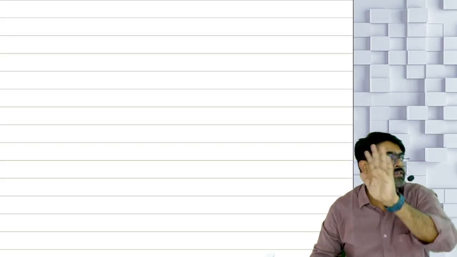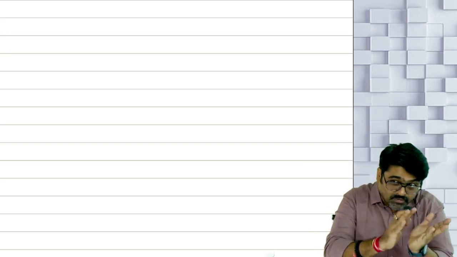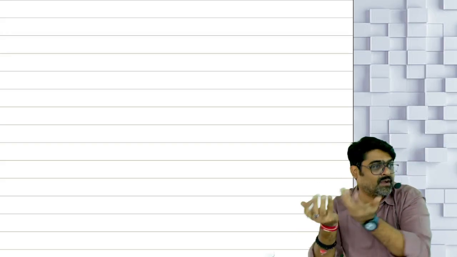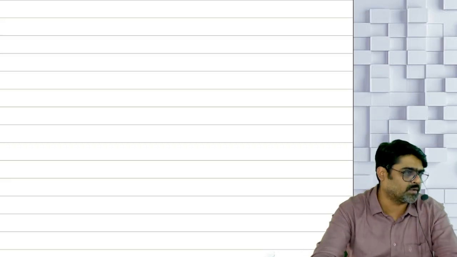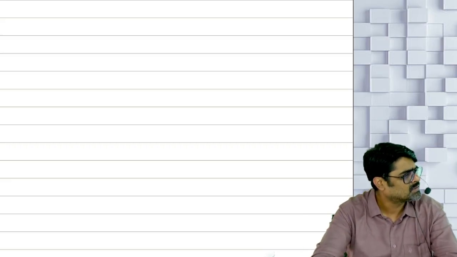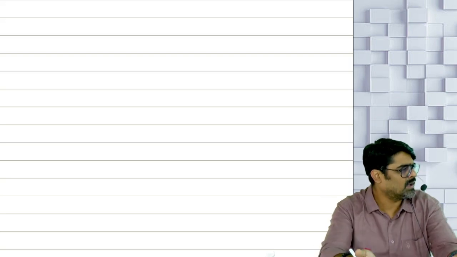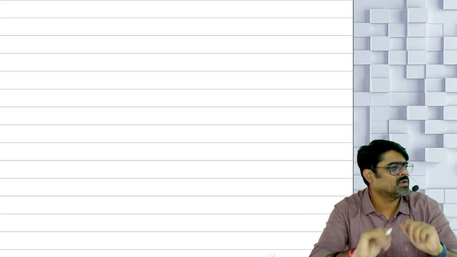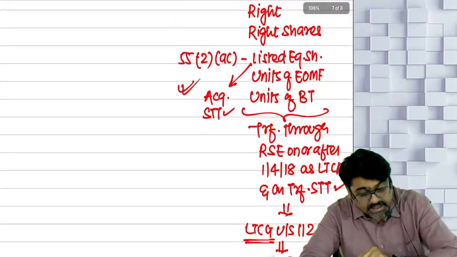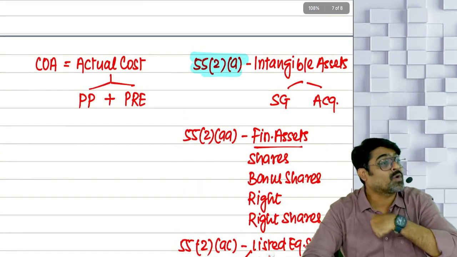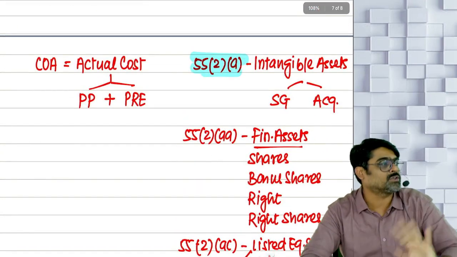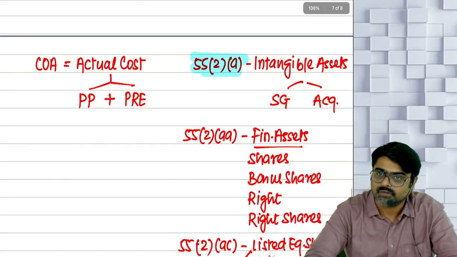The cost of these assets is also defined. But where the cost is not defined for any asset, what cost are you going to take? Actual cost. So usually for all assets you are supposed to take actual cost. But for any of these assets, the cost which we have defined, that cost only you are supposed to take as your cost of acquisition.